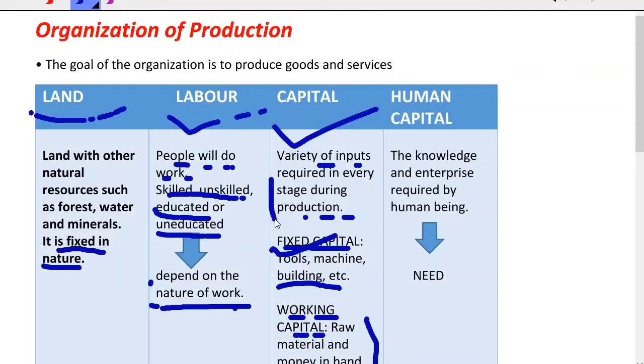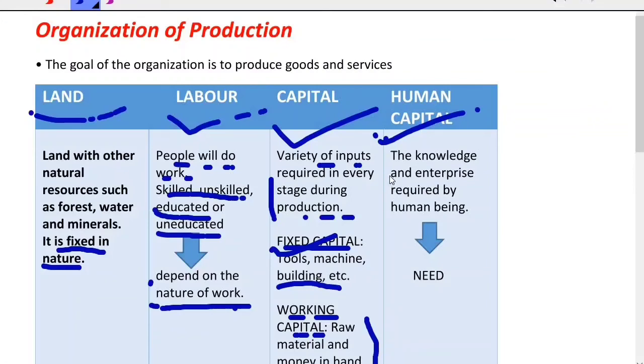So you may have understood the three factors of production: land, labor, capital, and the last one is human capital. What is the last factor of production? Human capital. Means the person who is doing business, the person who will use this land, labor and capital in a proper way to change the business into a profit-earning business.